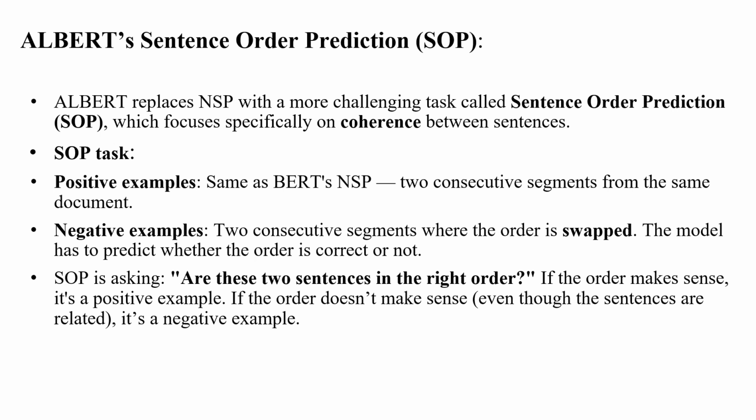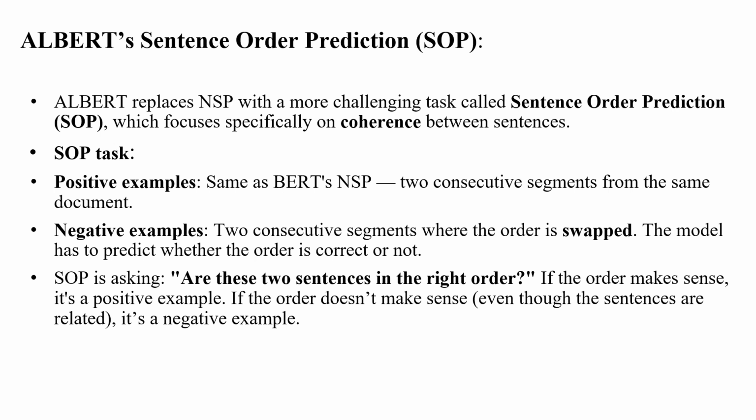So coming on to how SOP works. There are two kinds of pairs, the positive sentence pairs and the negative sentence pairs. In positive sentence pairs, there are consecutive sentences from a text, just like in NSP. And negative sentence pairs are sentences that are swapped in order, challenging the model to detect sentence level coherence.